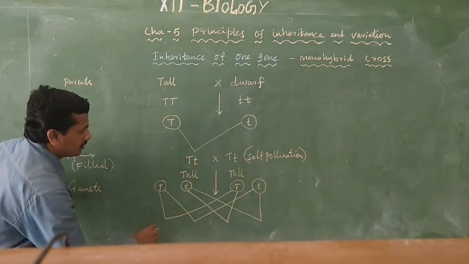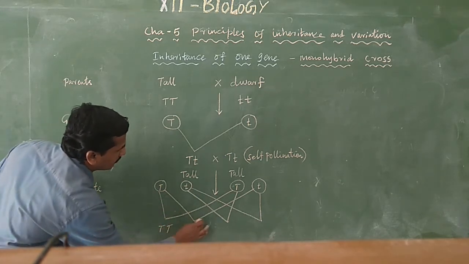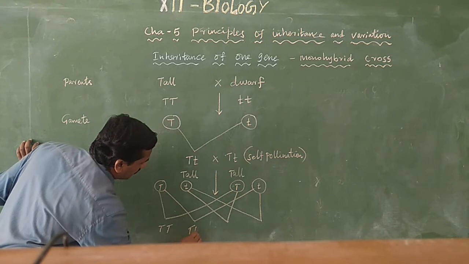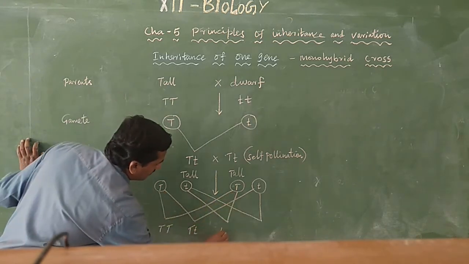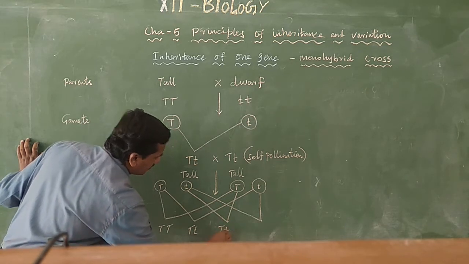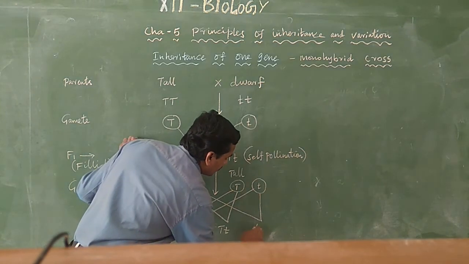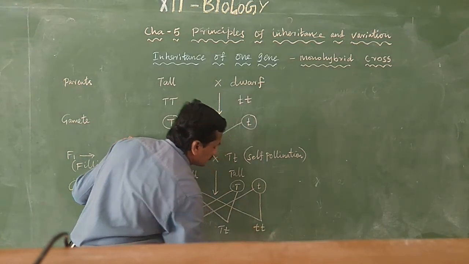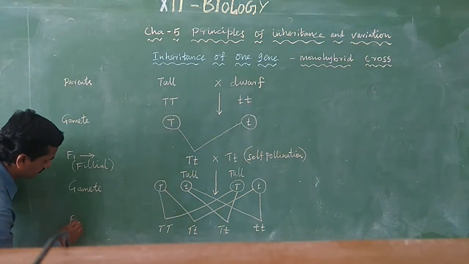What characters are produced? Capital T, capital T; capital T, small t, with capital T written first because it is dominant; and small t, small t. This is the F2 generation.